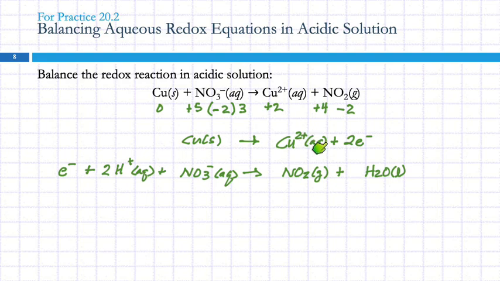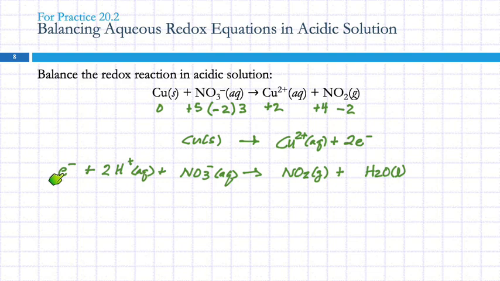So the copper is losing 2 electrons. Down here, we have to arrange for those 2 electrons to be gained by something, right? We can't just pass off one and the other one, like, poof, disappears or something. That doesn't happen. If this is losing 2 electrons, then the reduction has to gain 2 electrons.